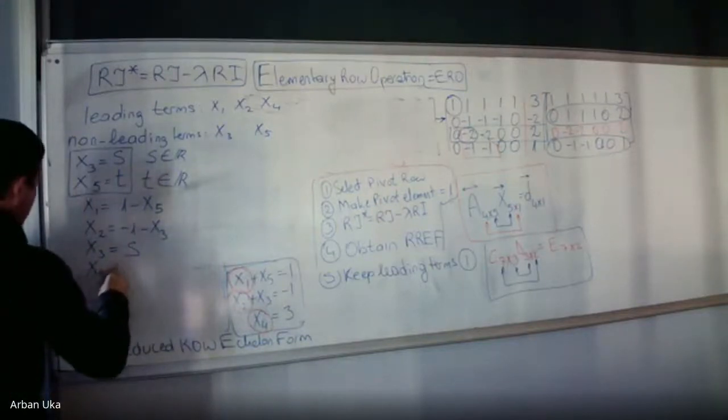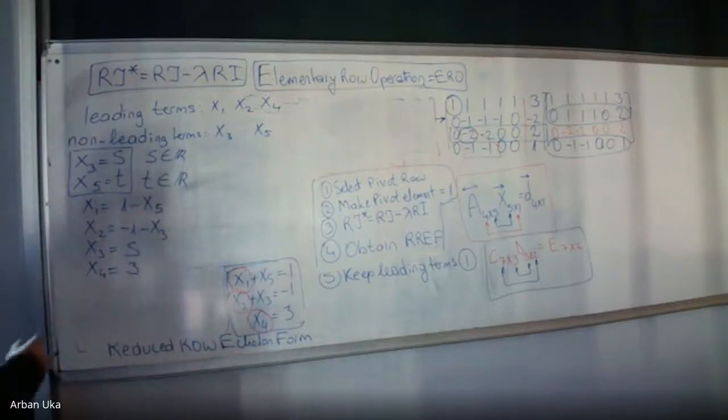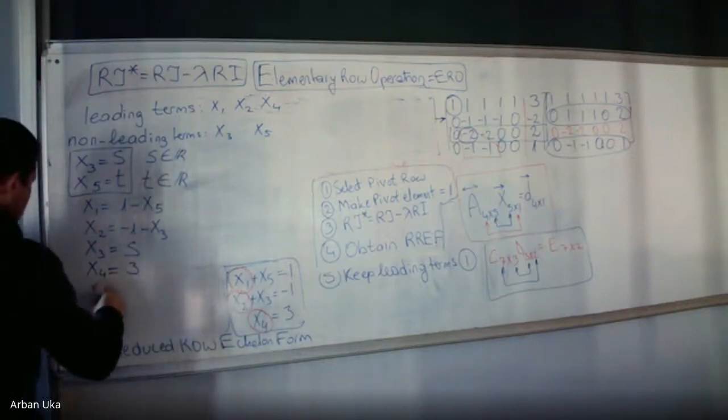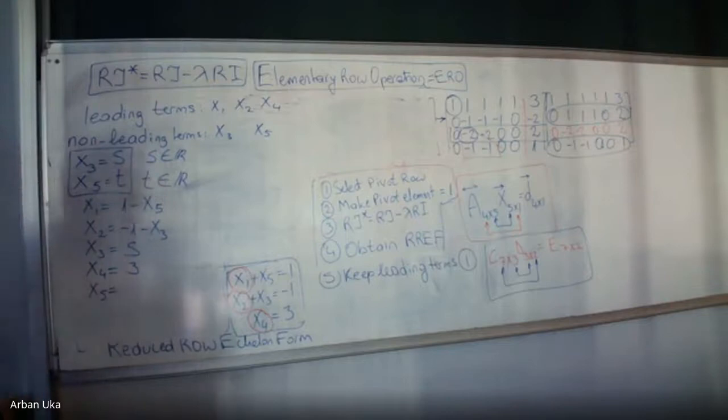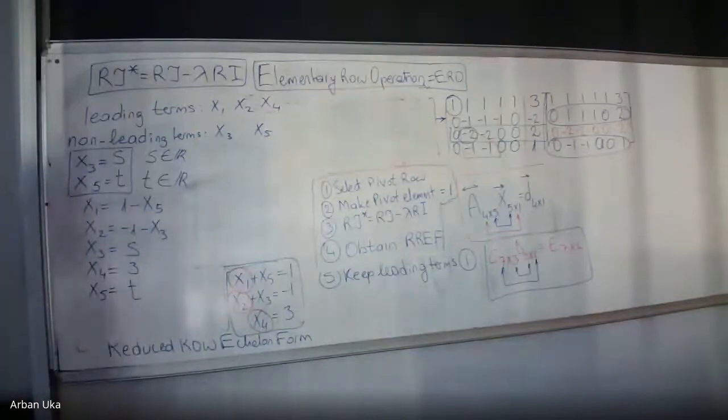It's a constant, it's fixed. And x5, so we need to write them in this form. What do we write for x5? It's a free variable, it's t, right? So this is how we can write this one.